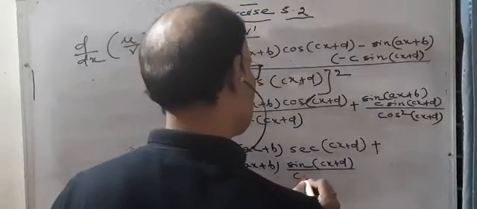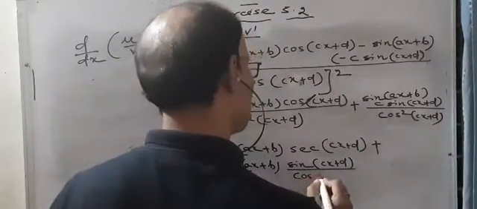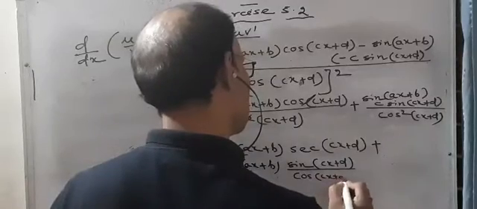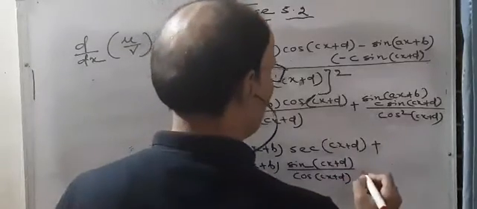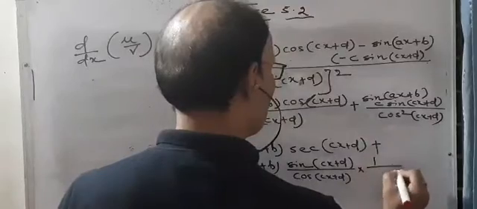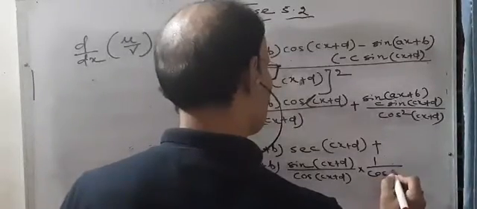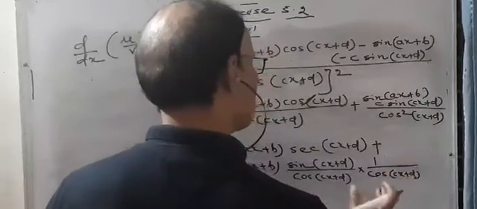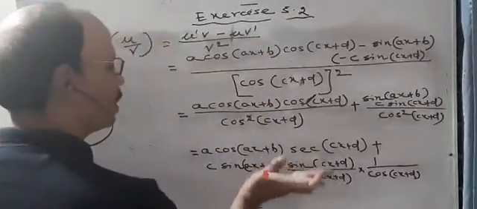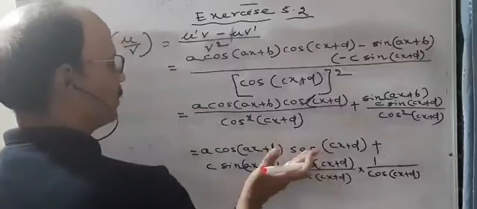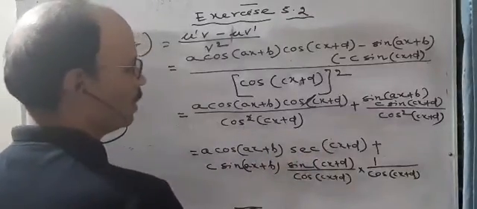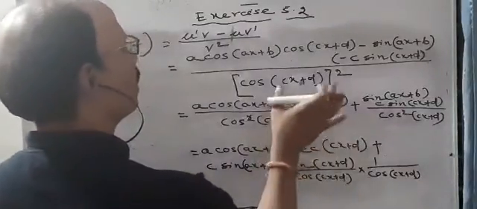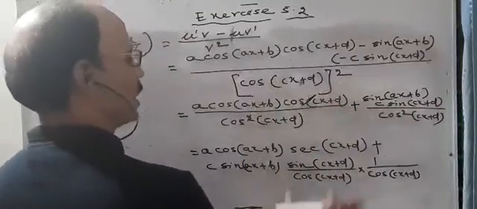I can write it like this: cos cx plus d and multiply 1 upon cos cx plus d. We are doing this just to take all the functions above, in a single row. Otherwise up to this our answer is correct.